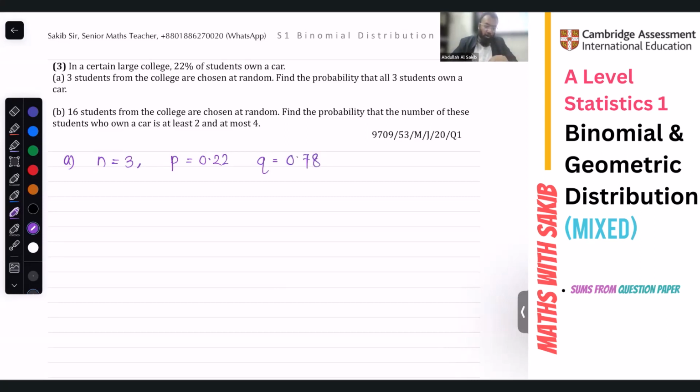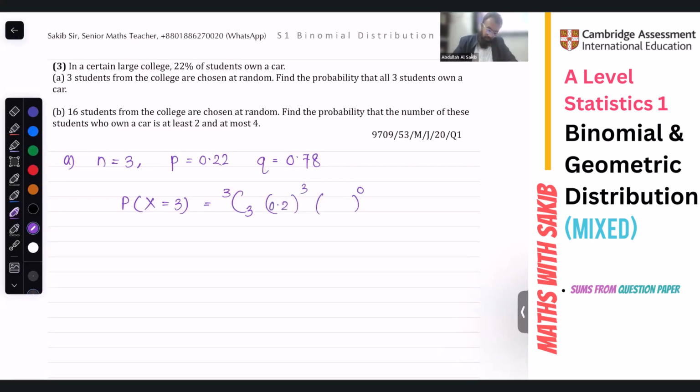Find the probability that all 3 students own a car. All 3 students will own a car. So x will be equal to 3. So out of 3 students, 3 students will own a car. So there will be 3 successes, 0 failures. Clear?